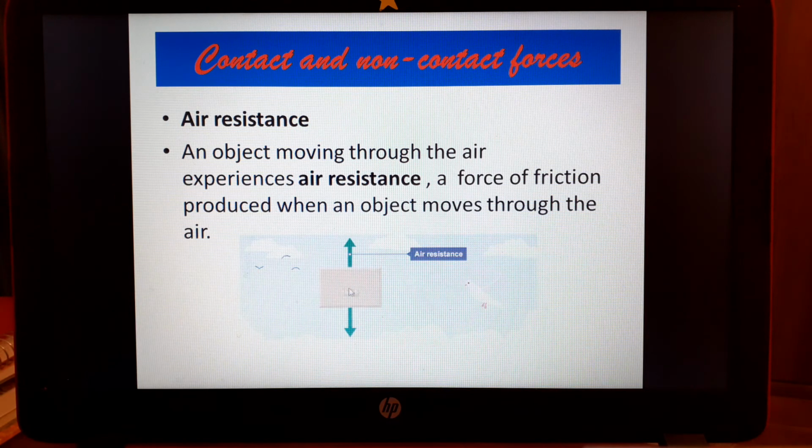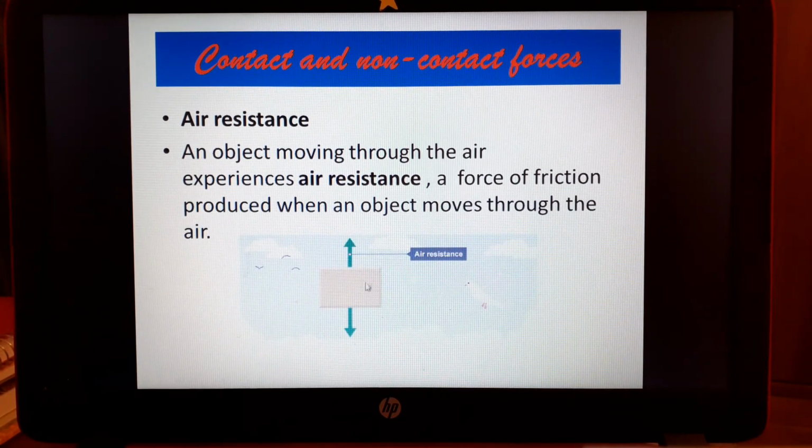Let's say it's a falling object, not a flying object. A flying object is a little bit of a different story. A falling object will have air particles hitting it. When they hit it, they try to push it a little bit up. They don't want it to move down.